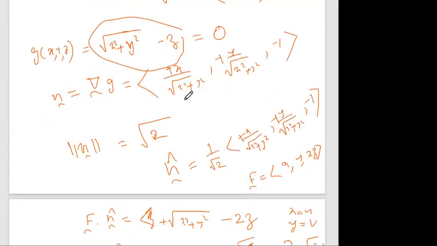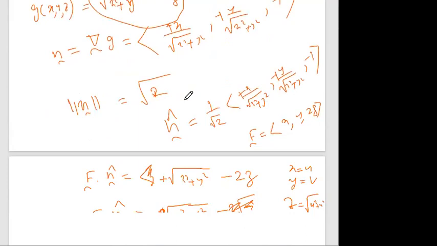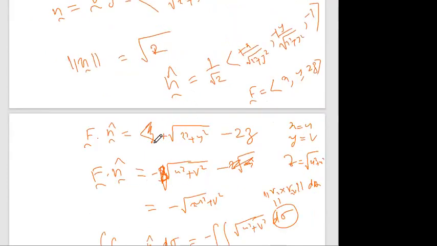No. So when I take this, I forgot to put this square root 2 there. So here I should put square root 2, right? Correct? Yeah, square root 2. Is that correct? So this should be square root 2.